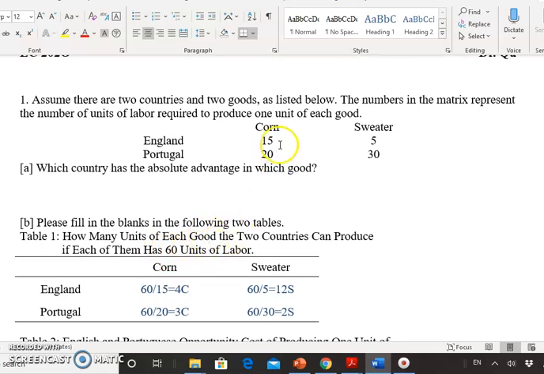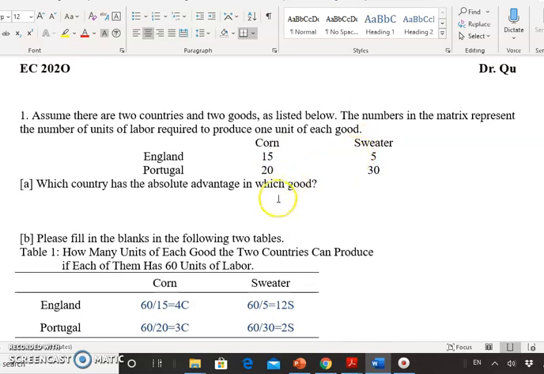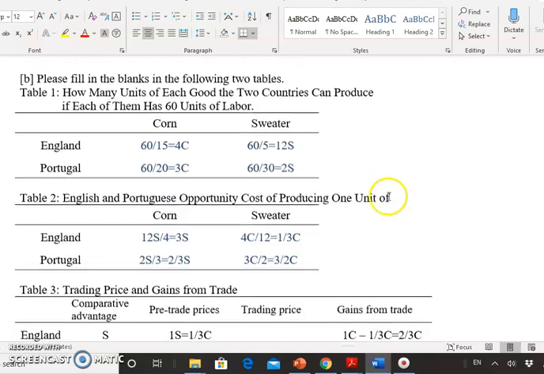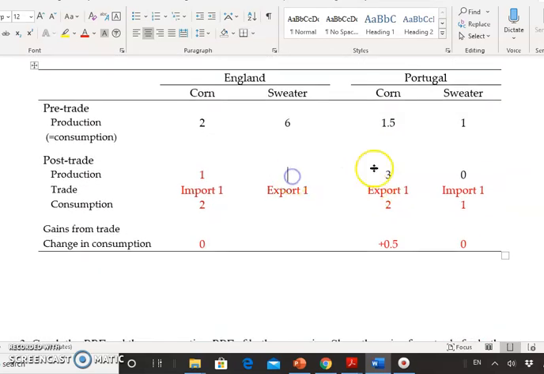So after producing 1 corn, England has 45 units of labor left, 60 minus 15, available to the sweater production. Now, with 45 units of labor, it can produce 9 sweaters. So it's 45 divided by 5, so you will be able to produce 9 sweaters here, all right?